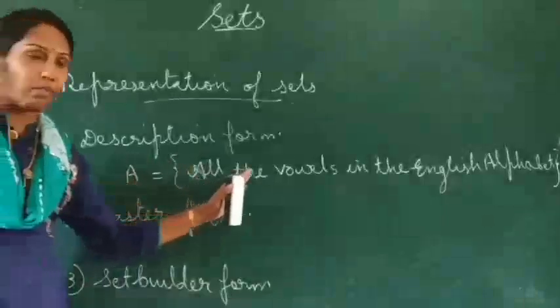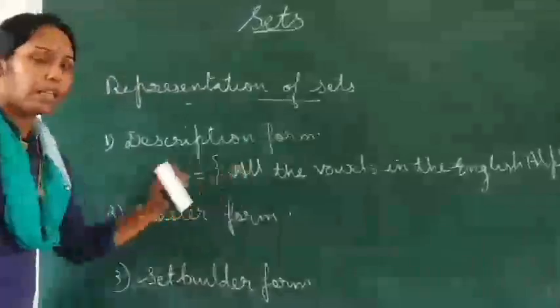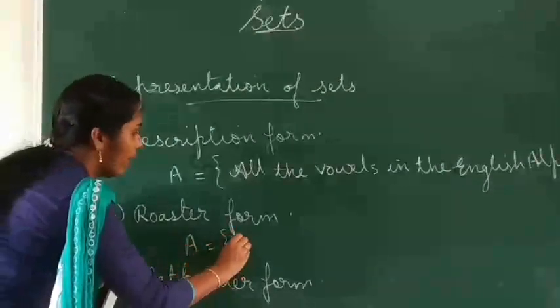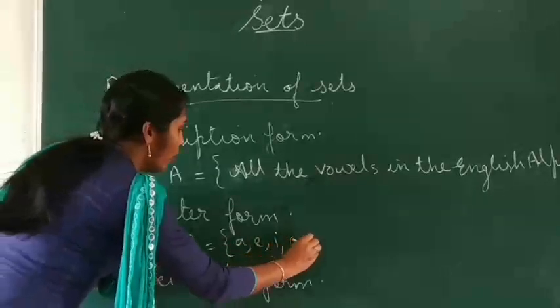This is an example. We generally mention what are the properties of the members of the set. In the same set, in the roster form, we can write A is equal to {a, e, i, o, u}.